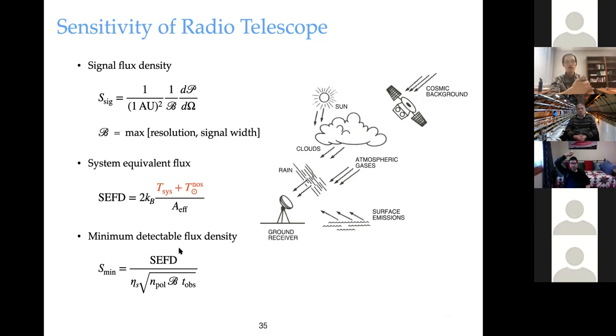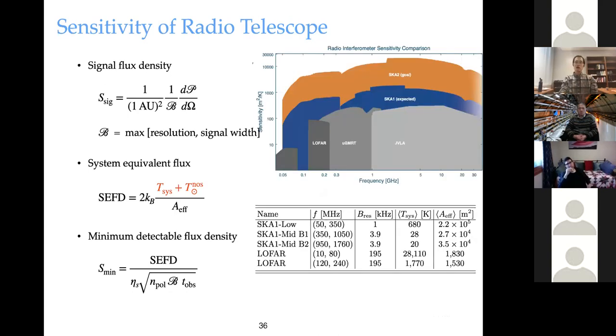But we have the central limit theorem, and it means that if you observe for a long time, roughly speaking, you can think of it as repeating the analysis n times, like b times t observation. You decrease the minimum detected flux density, and your signal can be much smaller and still be detected.